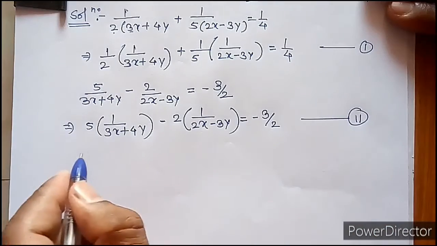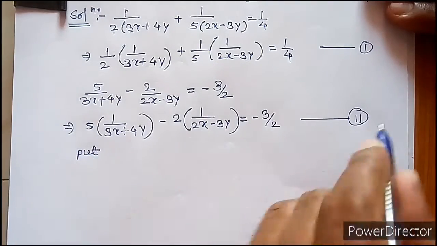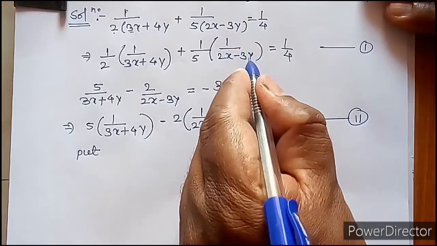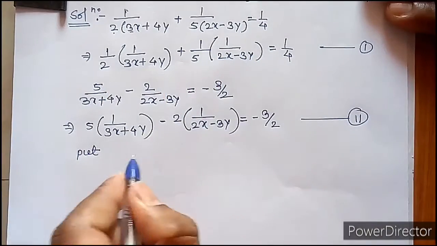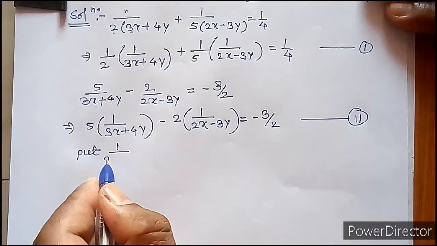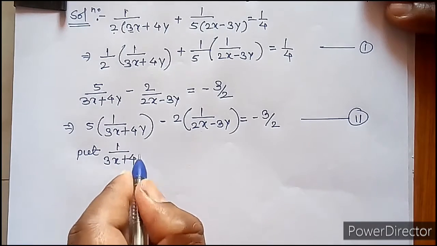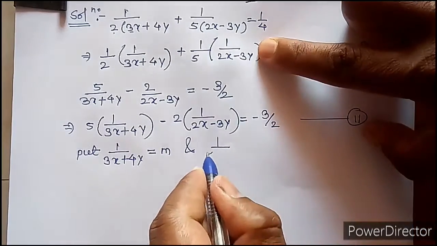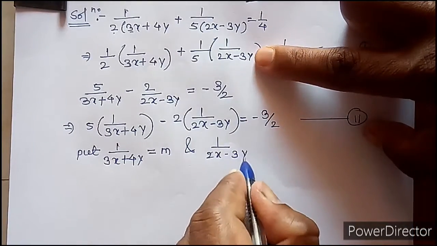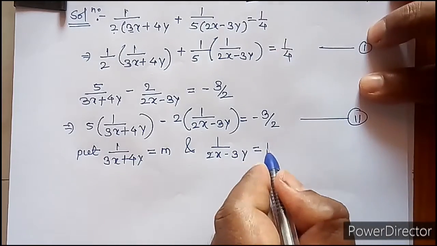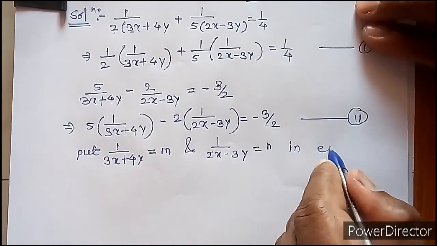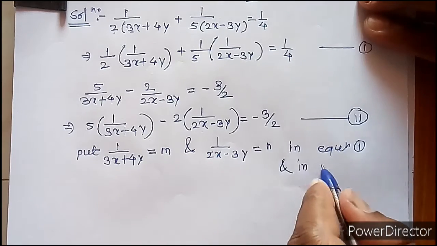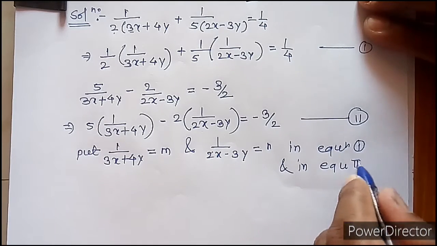Now we have to put the values of 1 by (3x + 4y) and 1 by (2x - 3y) by substitution. Put 1 by (3x + 4y) equals m and 1 by (2x - 3y) equals n in the first equation and in the second equation.